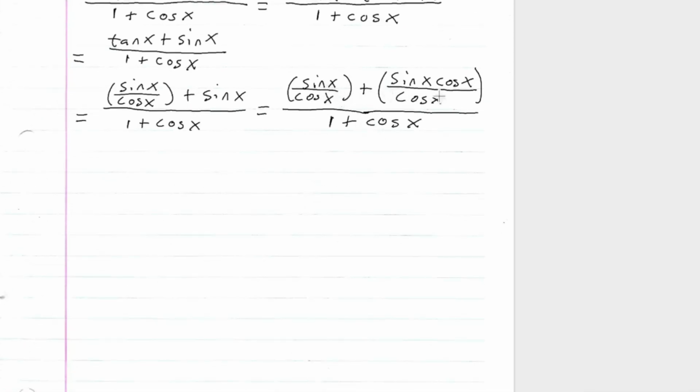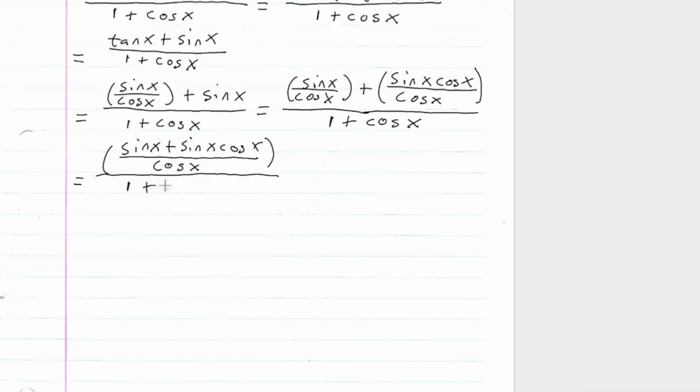Okay, so now that I have a common denominator, I can add the numerators together, right? So here's my fraction: sine x plus sine x cosine x all over cosine x. And all of this is over 1 plus cosine x.